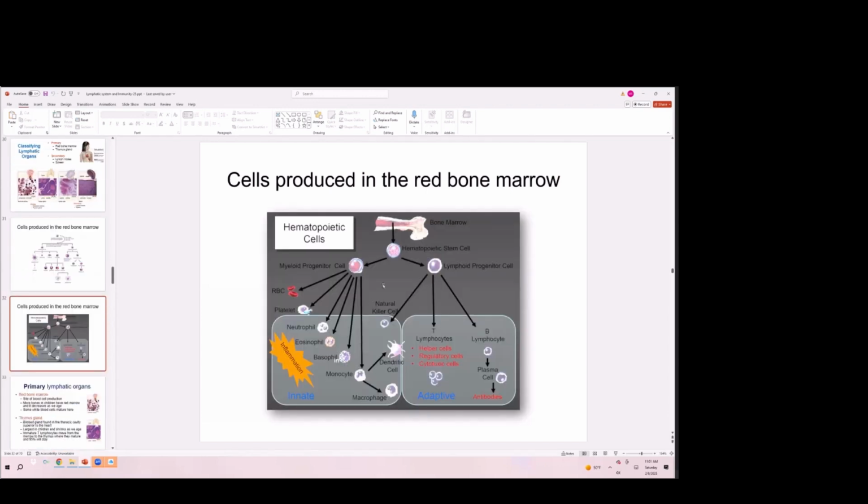You'll see here again, I put this as a different slide, showing that right from the red bone marrow, you could go to what they call the hematopoietic stem cell. Hemato is like how to deal with blood. Stem cell means that it has the characteristic of growing to become different cell types.